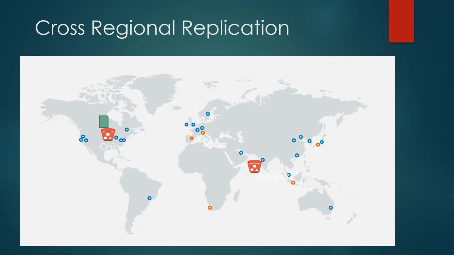So guys, there's an additional concept called cross-regional replication within S3. What cross-regional replication means is I have a bucket in the Ohio region, and every time an object is uploaded into this Ohio region, I want to keep a copy of it in my Mumbai region, because half of my clients are in the Asia Pacific area, in this India region, and half of my clients are in North America.